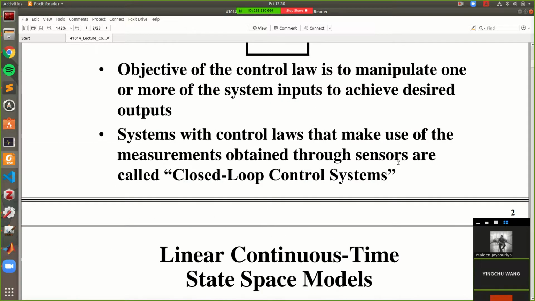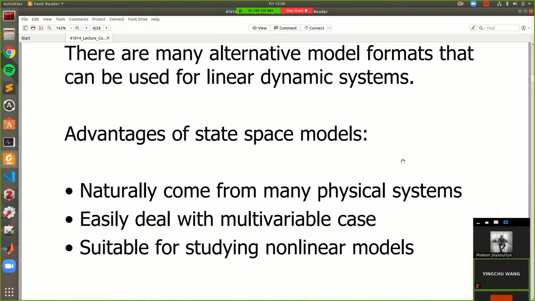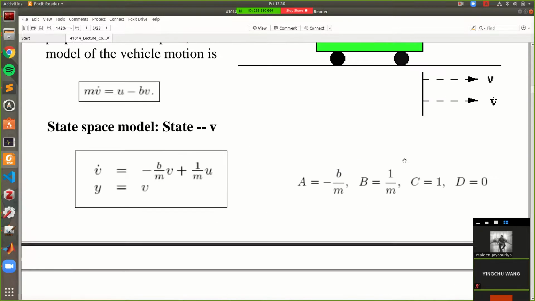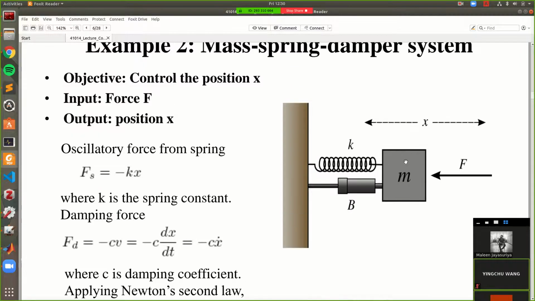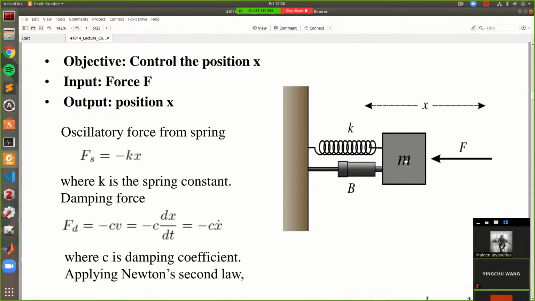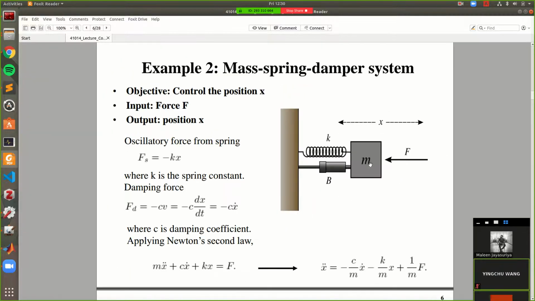Okay, yes. So we are going to look at how we can mathematically model a system. I want you to go to page 6. We have what we call a mass spring damper system. We have a spring attached to this mass, and then we have a damper that slows the mass down.